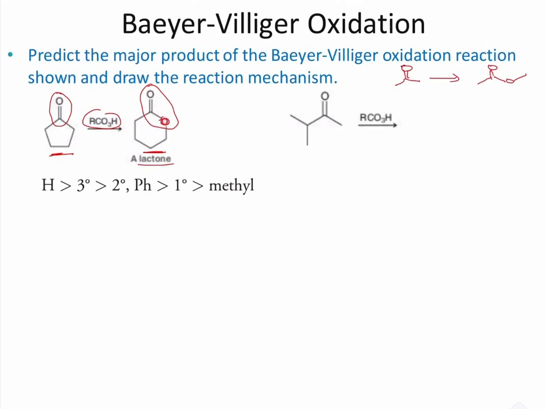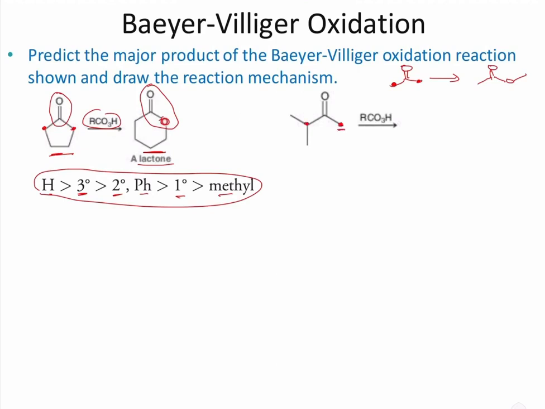How about if these two groups are not similar? Okay. If they are not similar, then what happens? We are going to follow this order. The group that's migrating is going to follow the order of hydride. It's easier for hydride to shift than the tertiary alkyl group, than the secondary alkyl group, primary alkyl group, and then the methyl group. So here we have these two groups that are different.